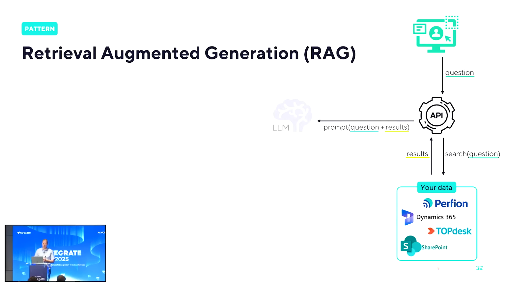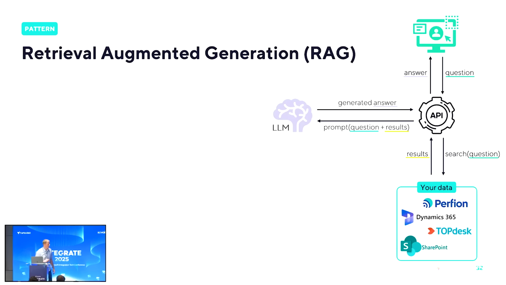And then we will call the large language model with a good prompt, of course, with some instructions in the prompt, with the original question of the end user, and with the results that we found in our own system. And that's, again, a way to provide our own data to the large language model. If you have a good prompt, your LLM will generate a contextually relevant answer, and that answer can be returned to the user or to the business process or whatever is consuming this.